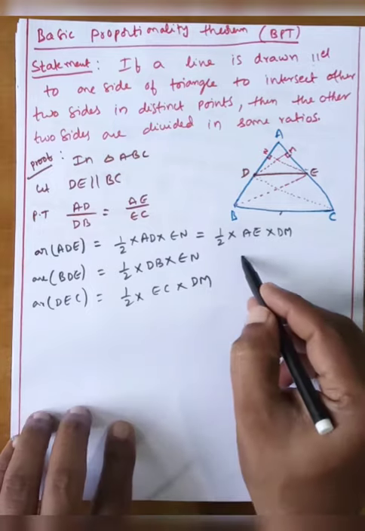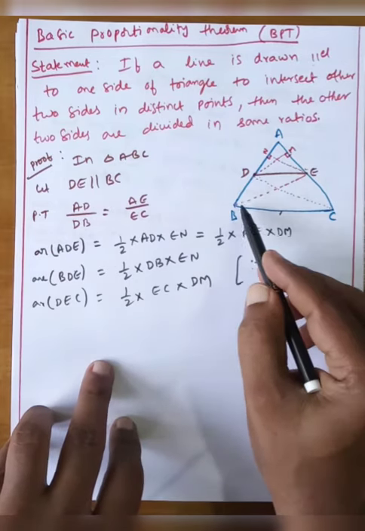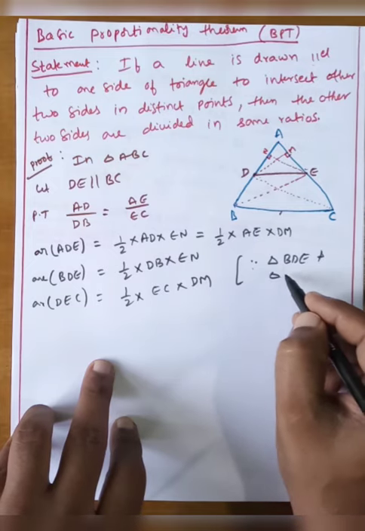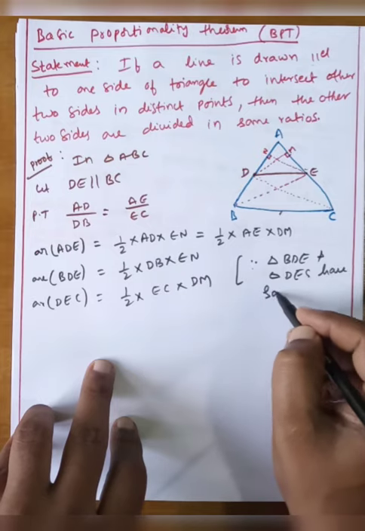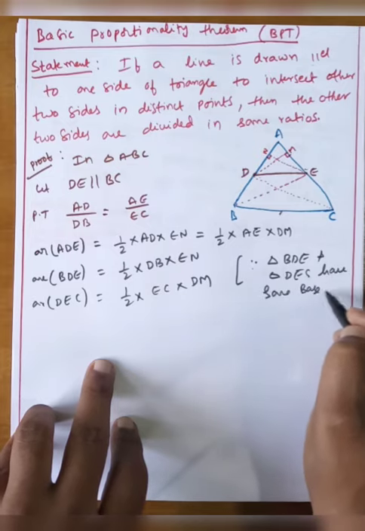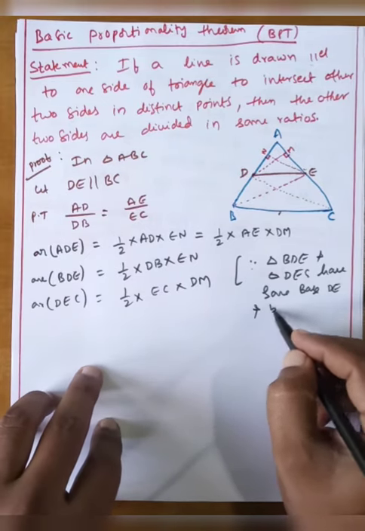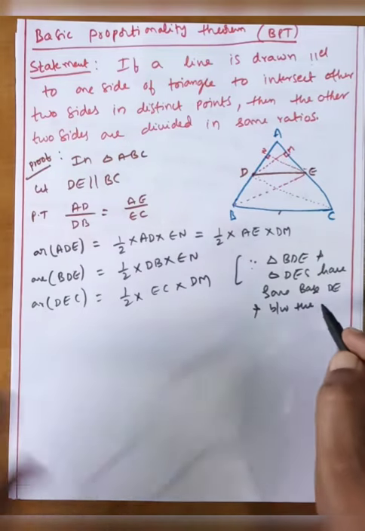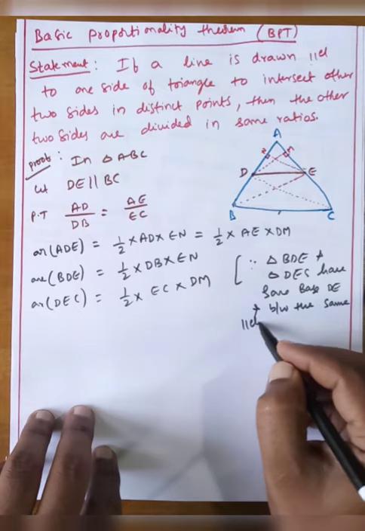Now observe what is going on. Very, very important: triangle BDE and triangle DEC have the same base. What is the same base? DE. And they are between the same parallels, DE and BC. Say yes or no?